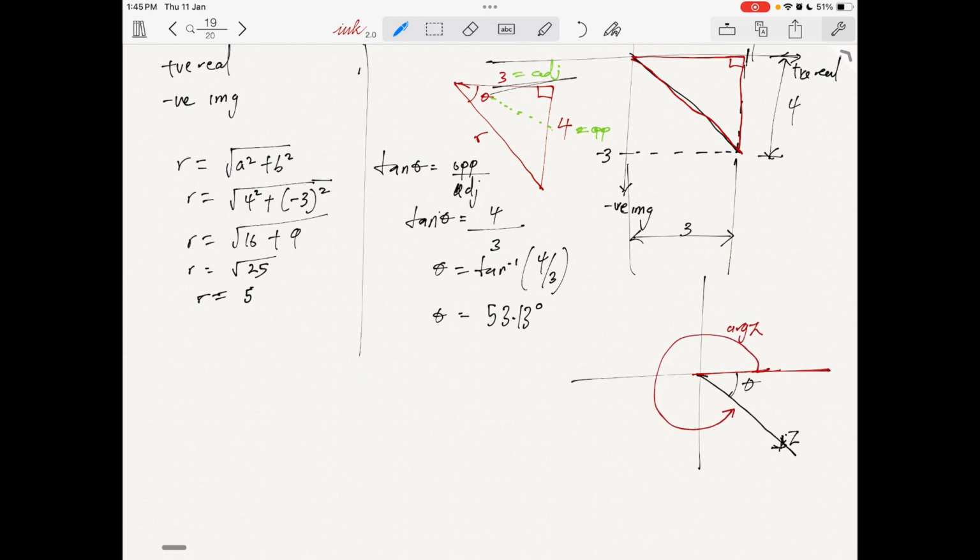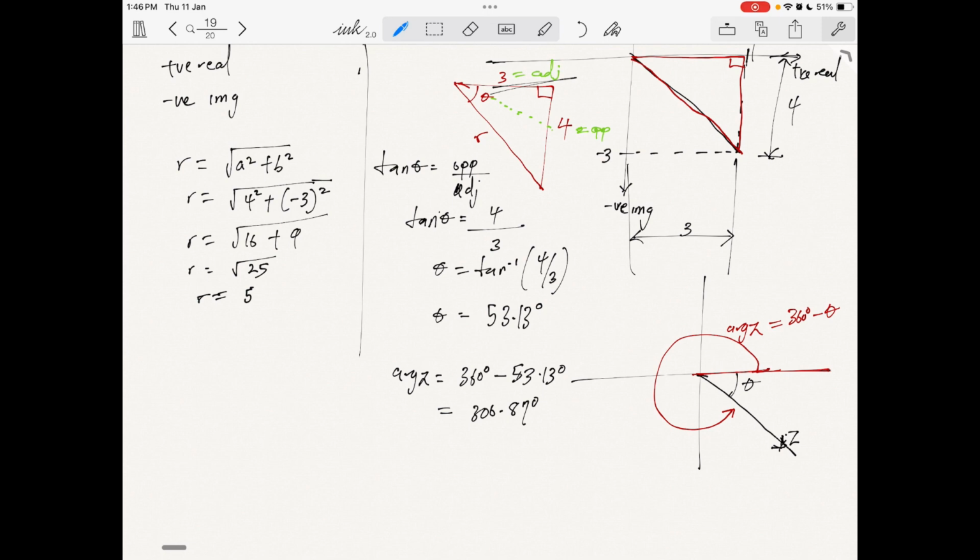Because of that, we know that our argument Z is 360 degrees minus theta. So our argument Z is 360 degrees minus 53.13 degrees, which will be equal to 306.87 degrees.